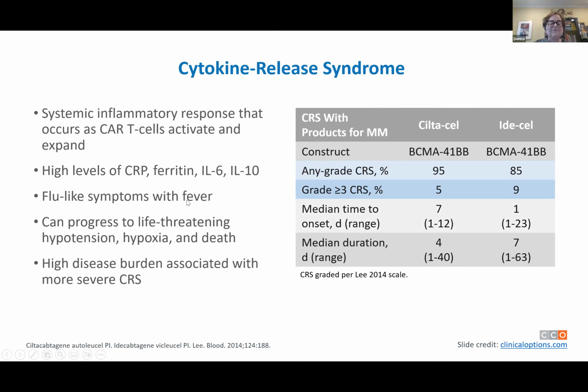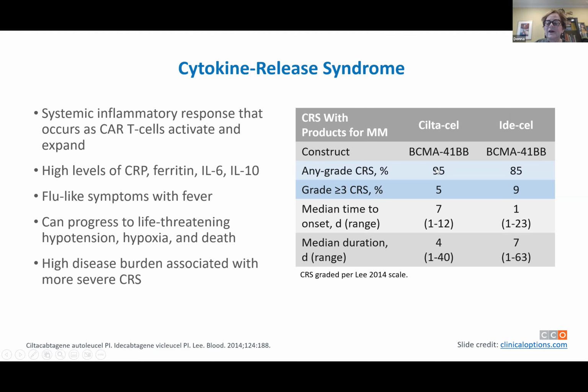It's like a flu if it develops, and it's very common, any grade, but what we want to avoid is progressing to low blood pressure, low oxygen, and even fatalities initially. And it is associated with a heavier myeloma load. There's more to kill. There's more fire and inflammation when there are more tumor cells.